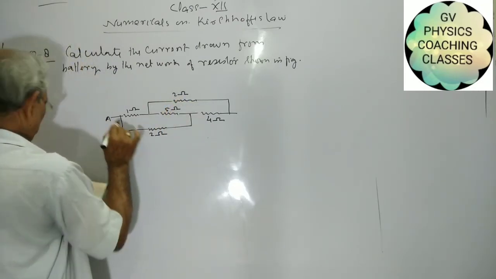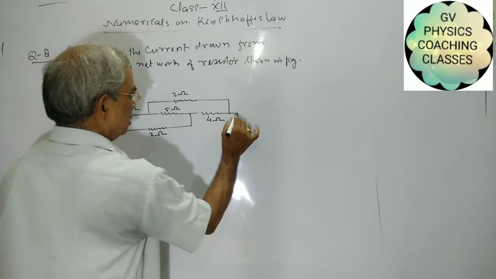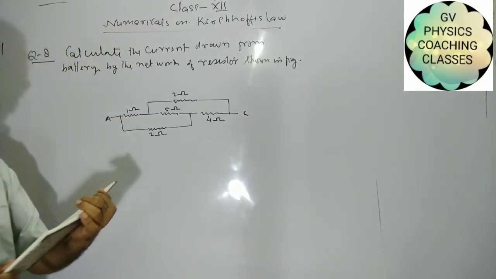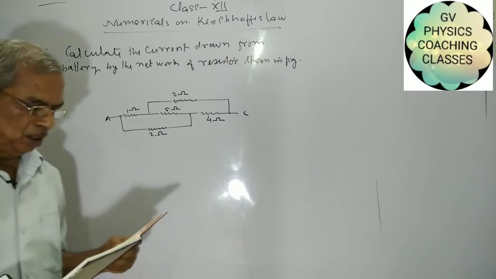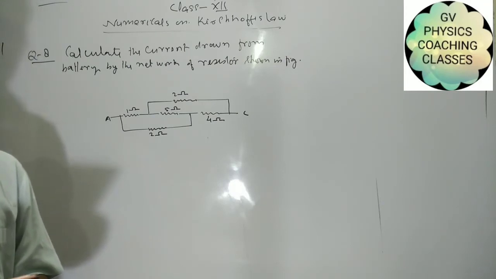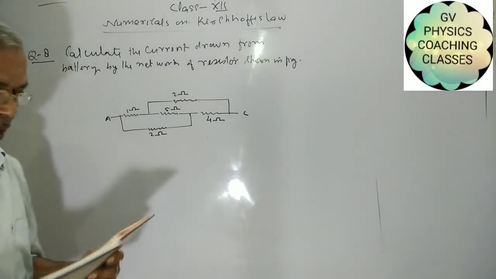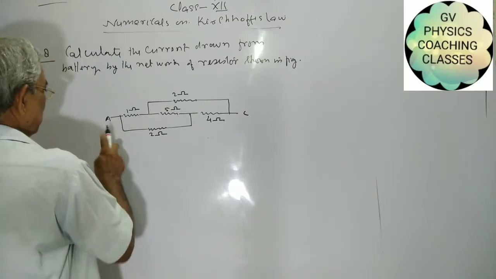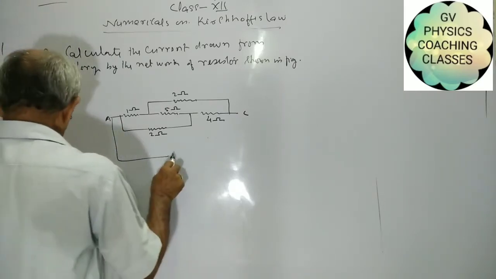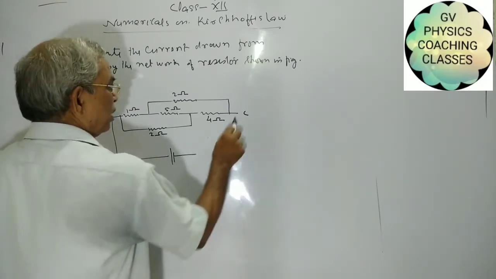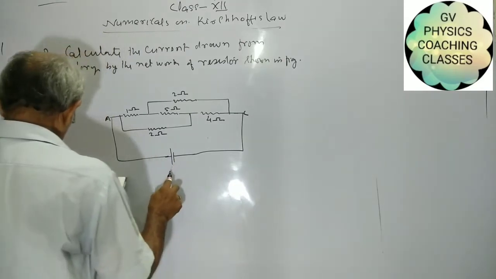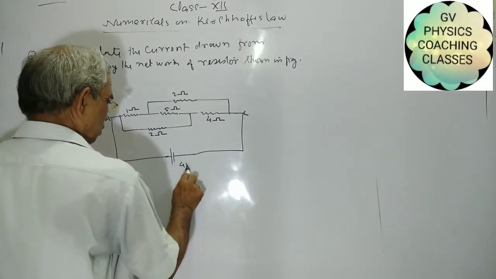This is point A and this is point C. We have to find out the net current, that is, calculate the current drawn from the battery. It means this is connected across A and C to a battery (4 volt).